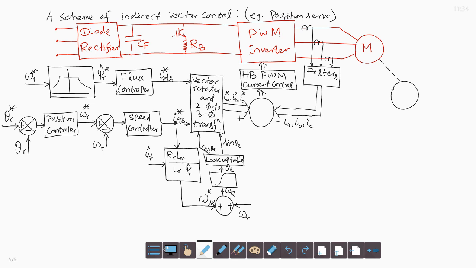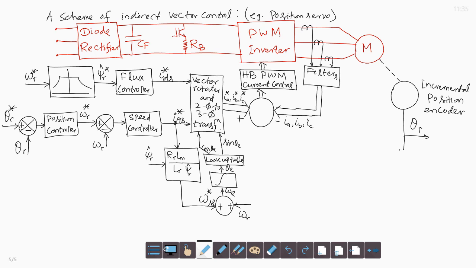Then for indirect vector control, an incremental position encoder is essentially required, which gives theta r information.